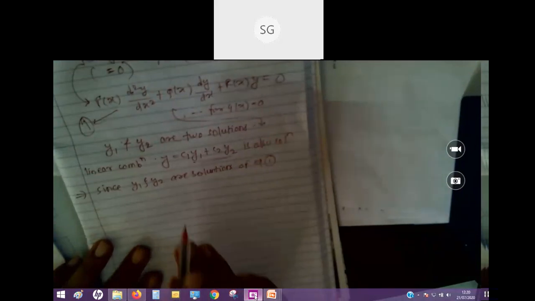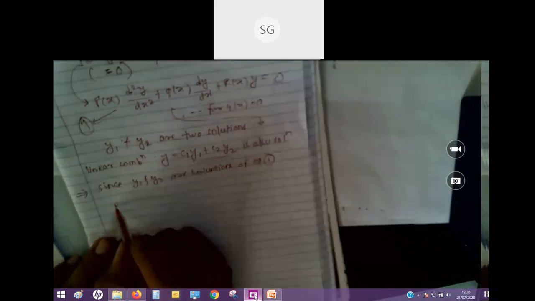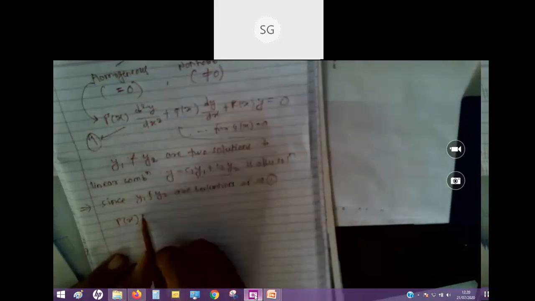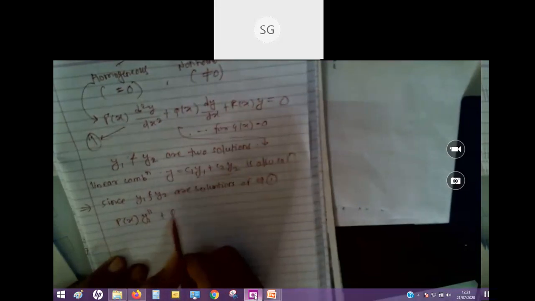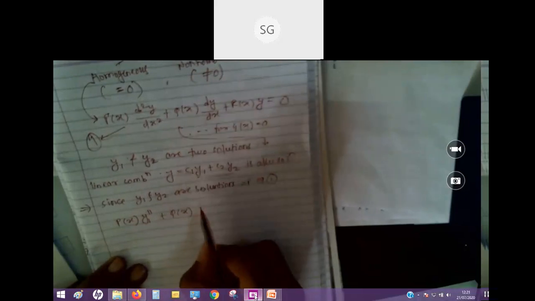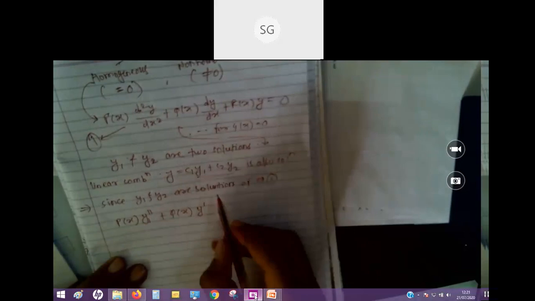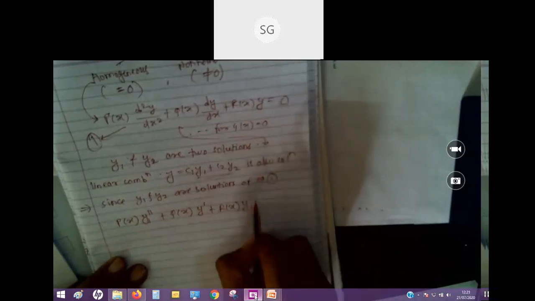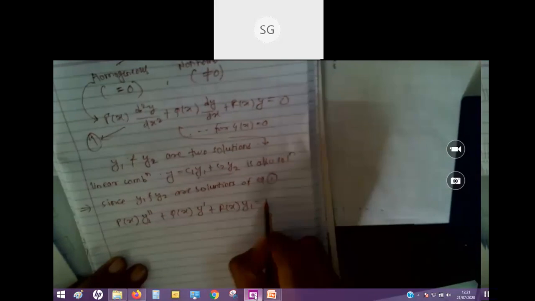we can write p of x, because the form is p of x d square y by dx square. So since y1 is a solution, in place of y I can write y1 and its double derivative, plus q of x, instead of dy by dx I can write dy1 by dx, that is y1 dash, plus r of x into y1 equal to 0.